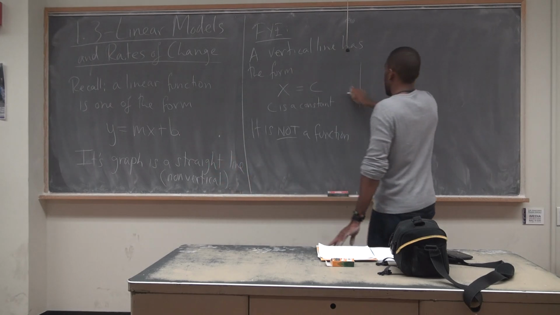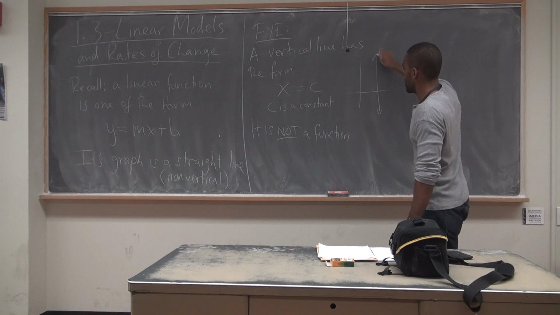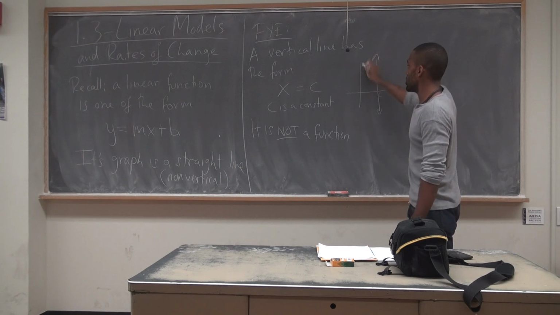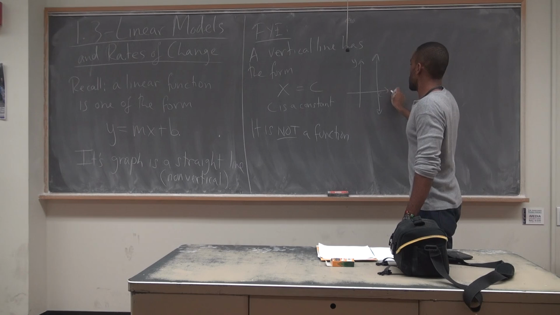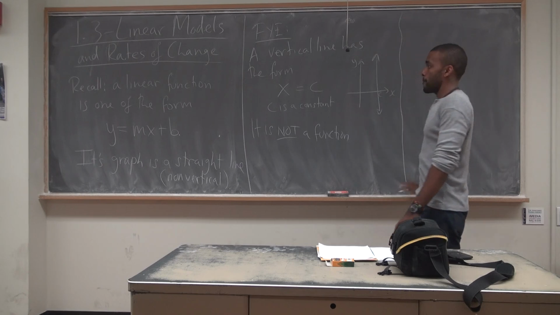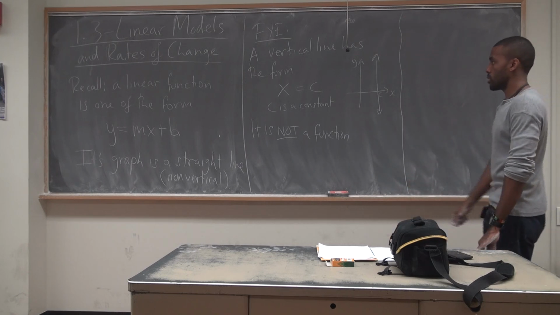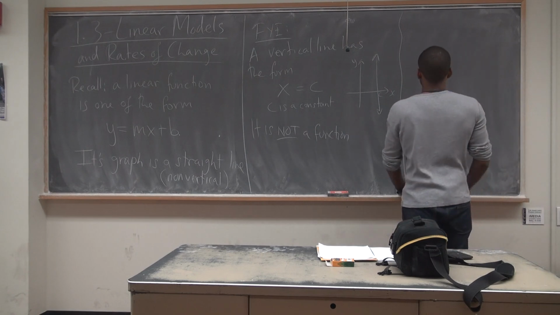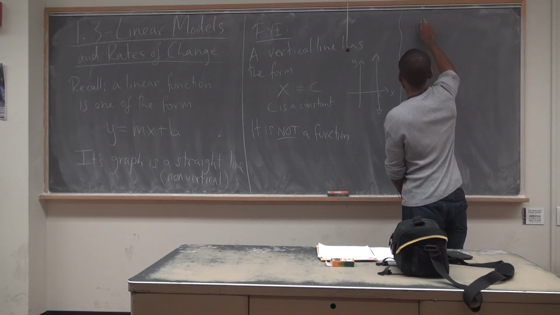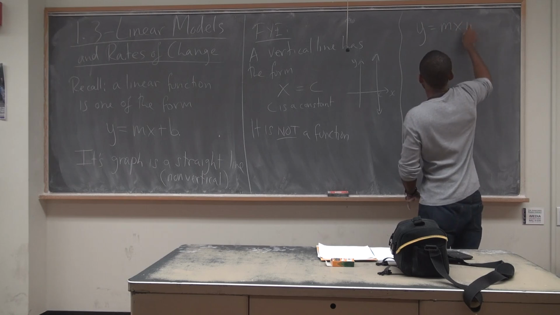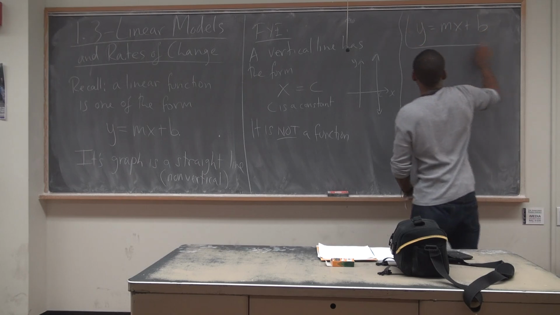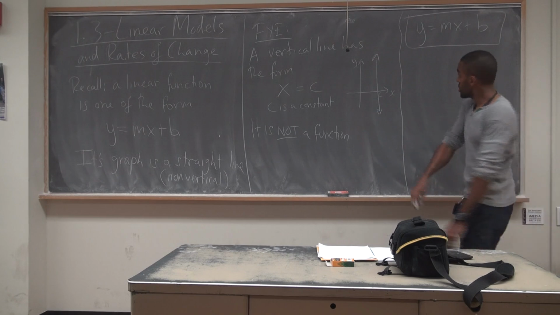So this is just a vertical line that passes through x equals c. So now let's talk about these guys. y equals mx plus b. Very important formula to remember.